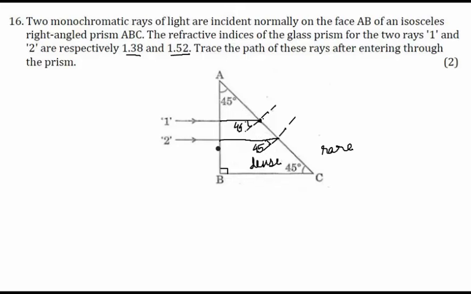Now because we know the incidence is 45 degrees, let's see if this incidence angle is greater than the critical angle or not. First of all, let's find the critical angle for both the refractive indices, because here mu1 is 1.38 and here the refractive index is 1.52.